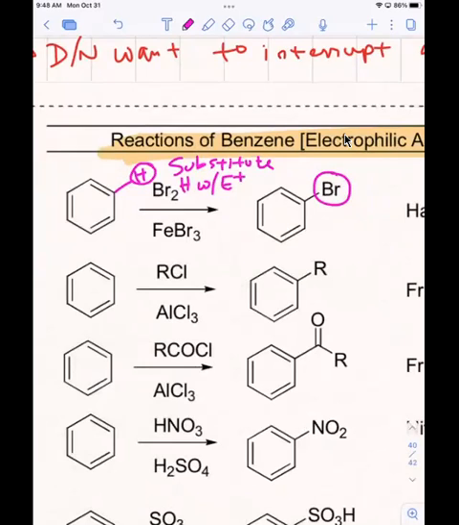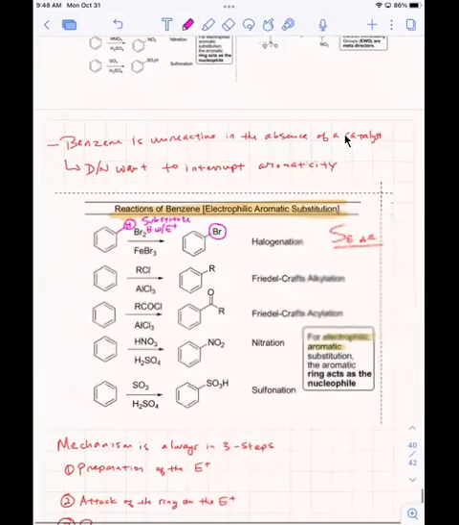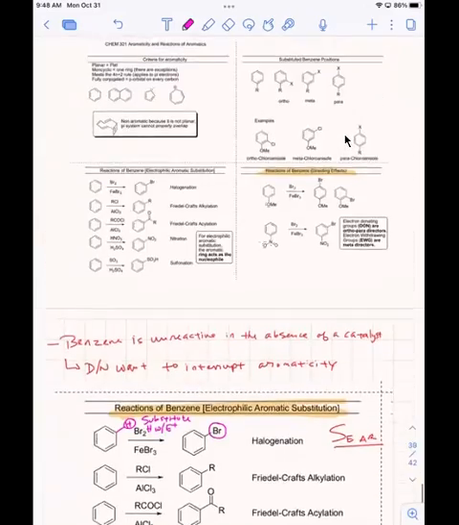It does matter if the ring is substituted, which hydrogens are more susceptible. Depending on what it's substituted with, if there's a donor on the ring, then the ortho and para, which makes no sense to you now, but let me go back up to here.